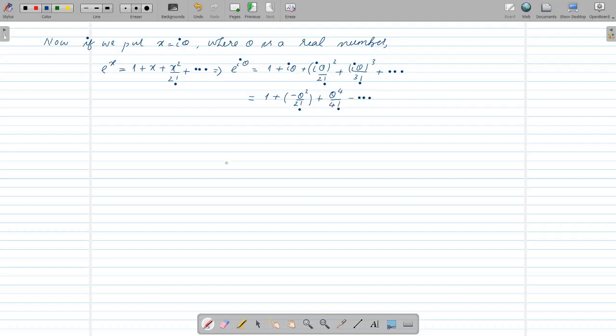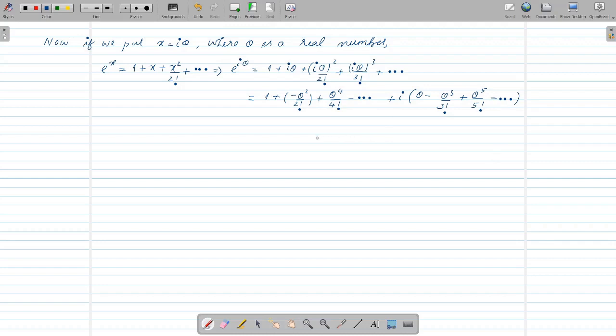minus etc. Then we need to collect the imaginary part, that is i times. From the first you get theta, from this minus theta cube by factorial 3 plus theta raised to 5 by 5 factorial minus etc. So these are the real and imaginary parts of e raised to i theta.